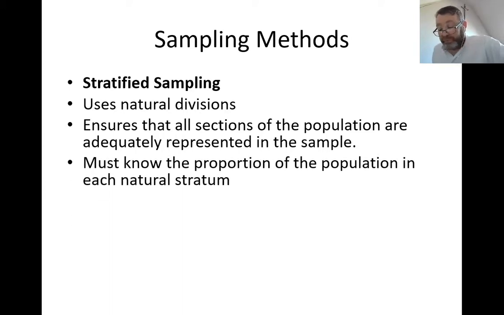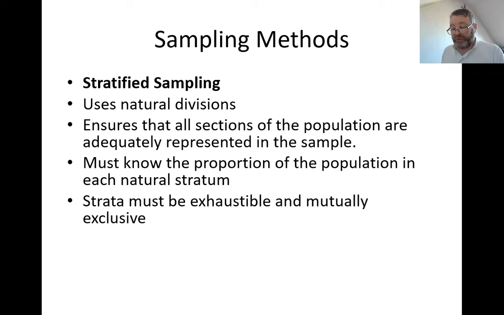We must know the proportion of the population in each natural stratum. So that goes without saying. If you want to create a sample that's going to hopefully represent the population, then not only do you have to represent all strata, you've got to know the proportion of the population in each natural stratum so that that can be reflected in your sample.